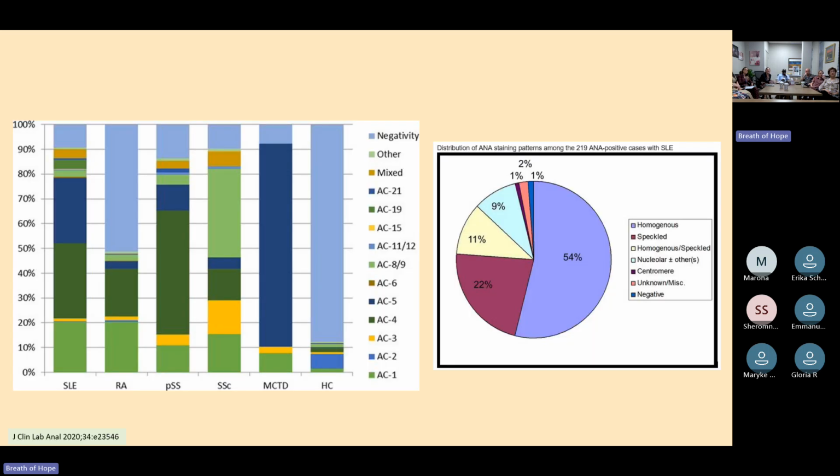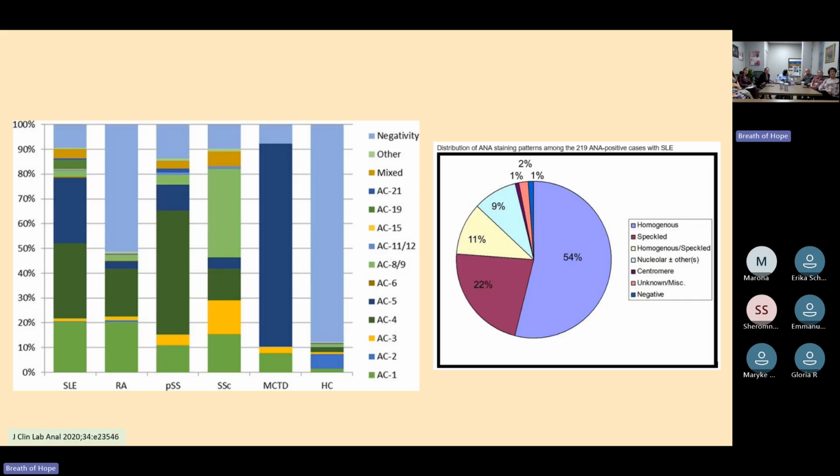What I want to show on this slide is that although often in an interpretive comment on your report we will say a nuclear homogeneous pattern was identified, associated with SLE, drug-induced lupus, rheumatoid arthritis, autoimmune hepatitis, these things are not mutually exclusive. In SLE you will find nuclear homogeneous, but you can also find other patterns.